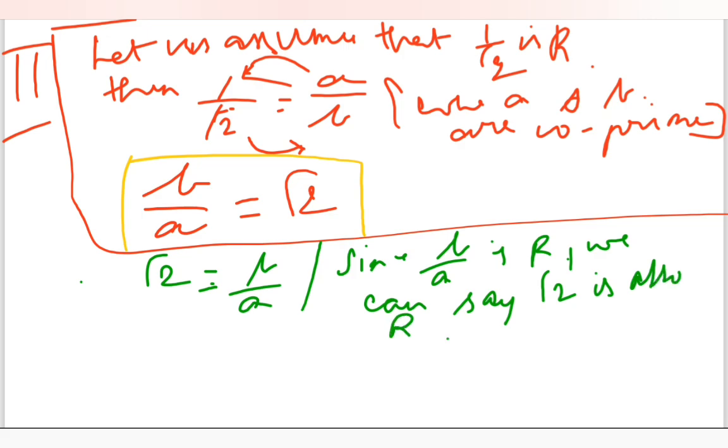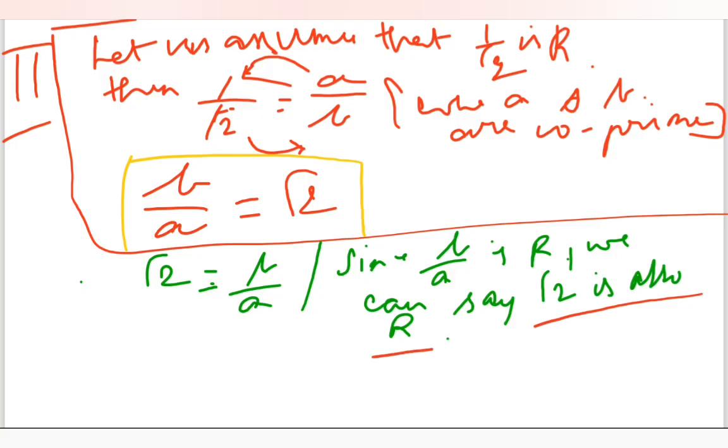So am I right? But this contradicts that we have proven previously that root 2 is irrational. That you have proven, I have not proven. So you have to prove that root 2 is irrational firstly, and then we should do the second part. So we know that root 2 is irrational, but this contradicts the statement. See, we are now saying that root 2 is rational, but this contradicts that root 2 is irrational.